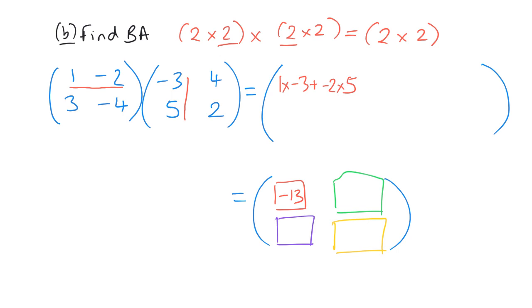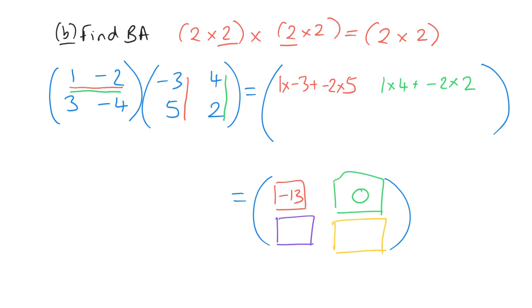The green box then is in the first row and the second column. So we multiply the first row by the second column, and we get 1 by 4 plus minus 2 by 2. So we get 4 take away 4, which is 0.